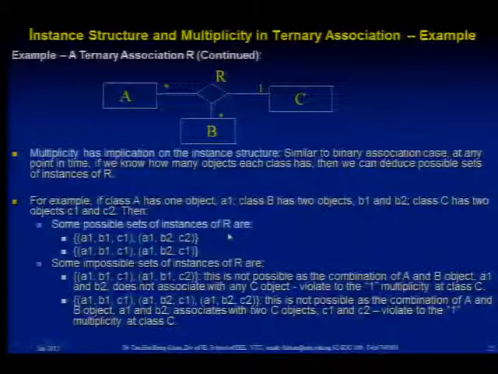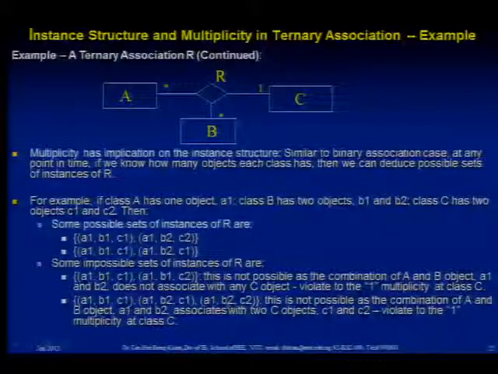That means the first combination is associated with two C objects. The first combination, A1, B1, is associated with two C objects because it is in the first instance and also in the second instance. That violates the multiplicity here. As long as there's one violation, it cannot be a possible set of R instances.